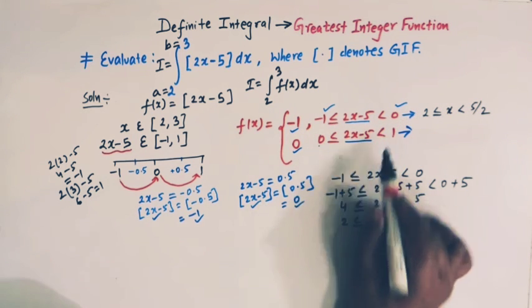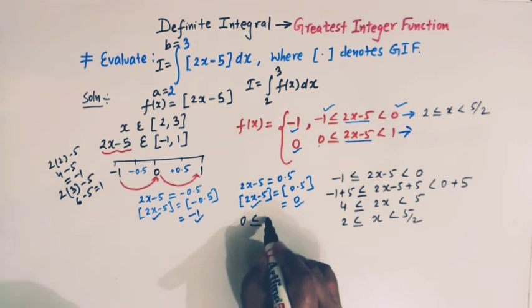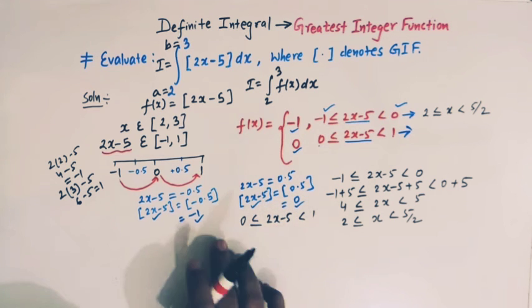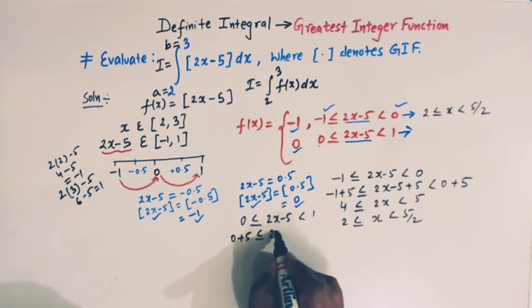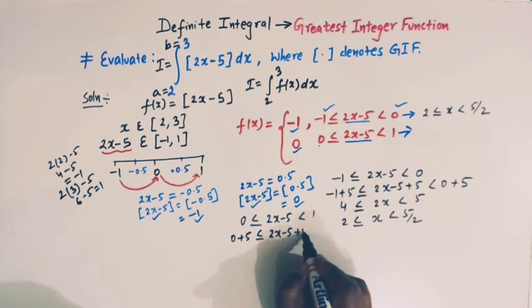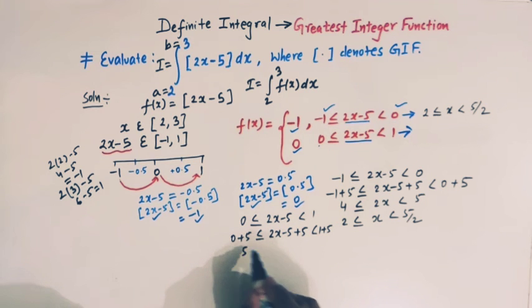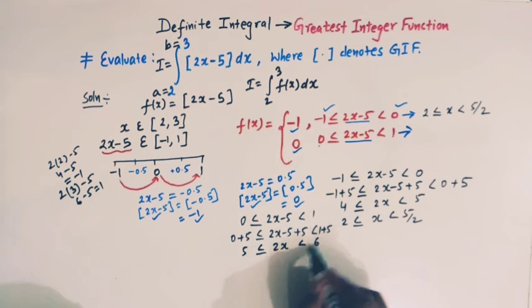Now let us solve this inequality. Here we have 0 less than or equal to 2x minus 5 and less than 1. Adding 5 throughout, we have 0 plus 5 here, here we have 2x minus 5 plus 5, here we have 1 plus 5. And here we have 5, and then 2x, and here we have 6.